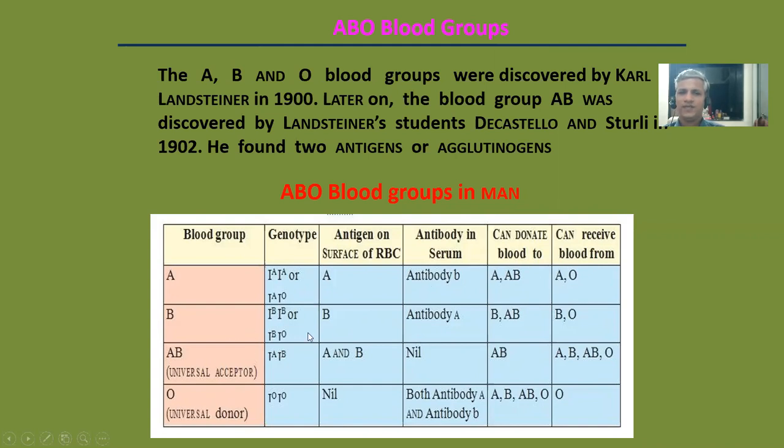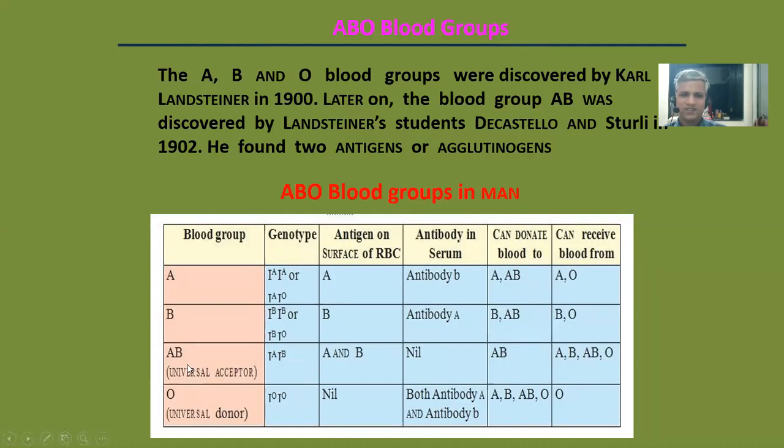In the blood group B, there is a presence of B antigen on the surface of RBC and A antibody in the plasma. This person can donate blood to the person having the blood group B and AB, and this person can receive the blood from the persons having the blood group B and O.